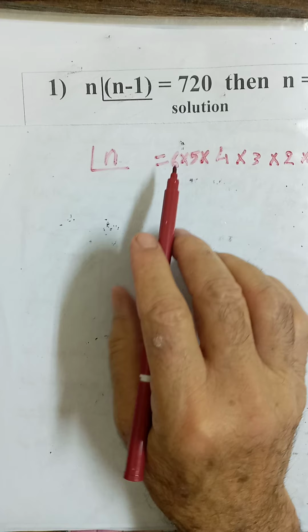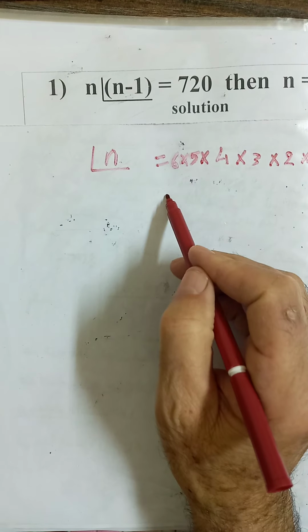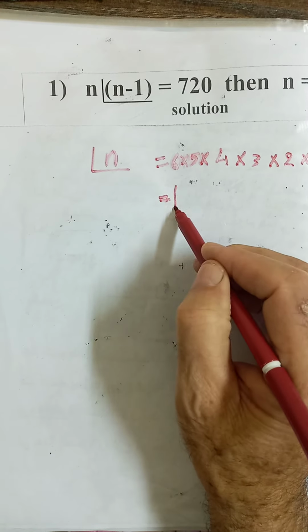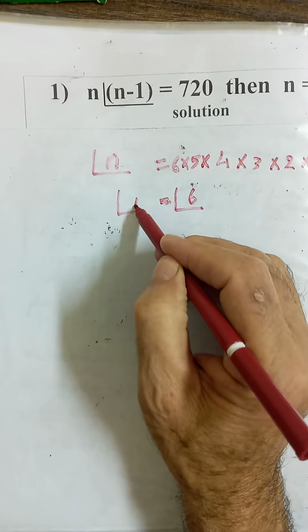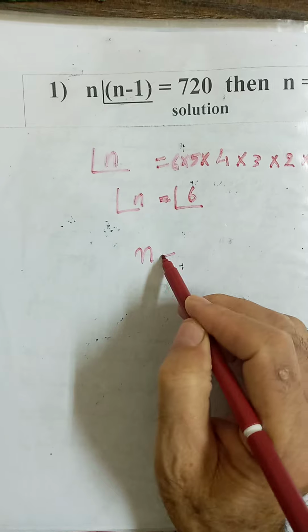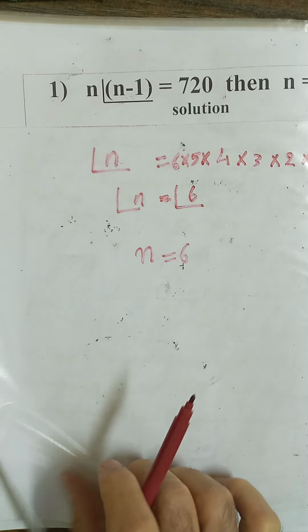So you can write 720 in the form factorial 6. Here factorial n, so n equals 6.